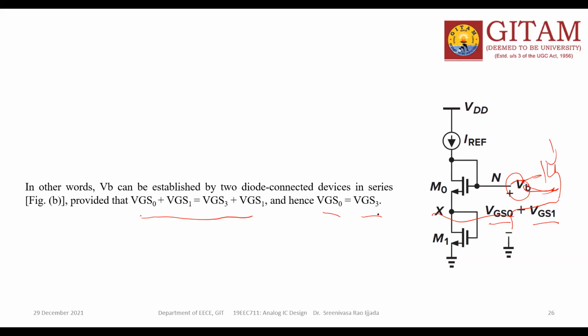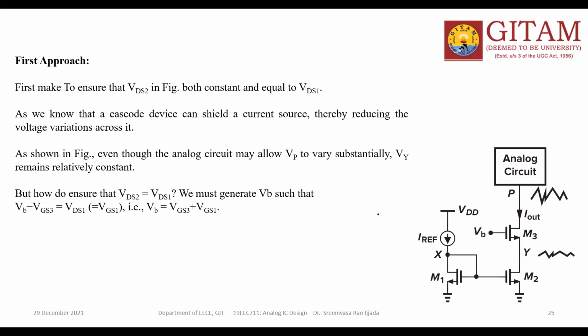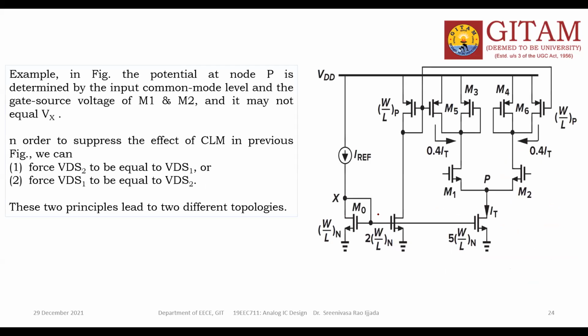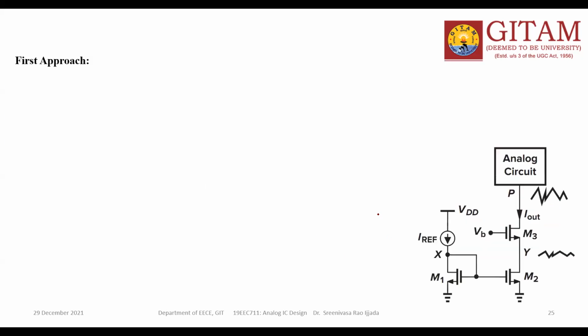VGS0 means the M0 transistor, and 3 means the third transistor in this picture. Or if you want to take this picture, this is the third, 2, 1. Here you can take the M0 transistor, no problem.